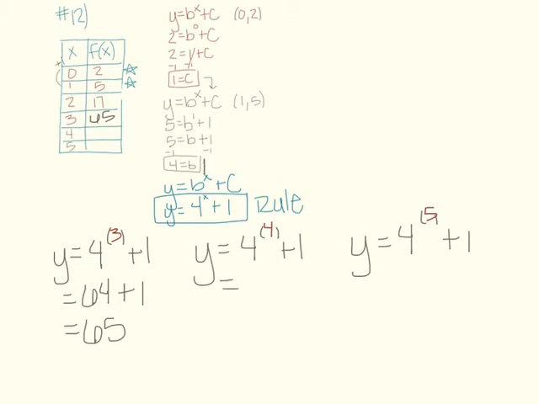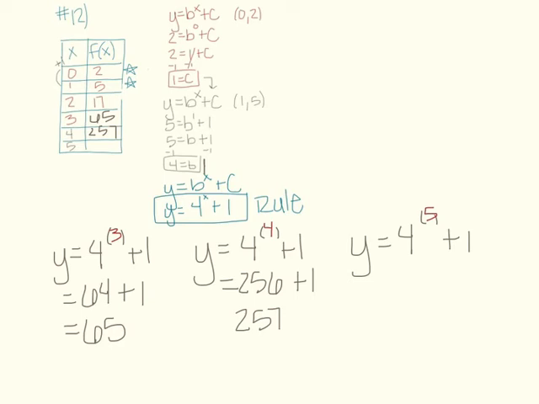Next we have 4 to the fourth power. Get my calculator out. So 4 raised to the fourth power is 256. Bring down the plus 1. So we have 257 as the y value when x is 4.